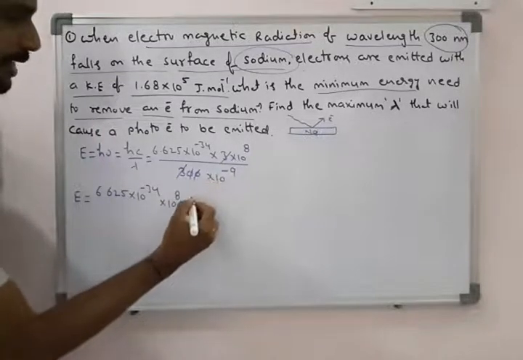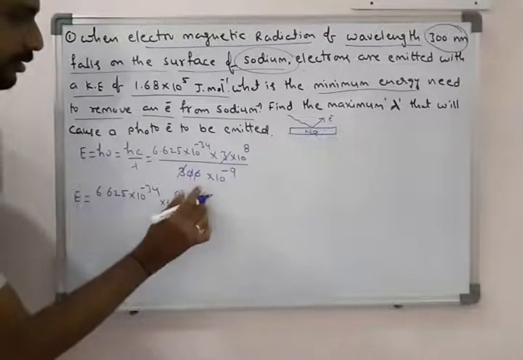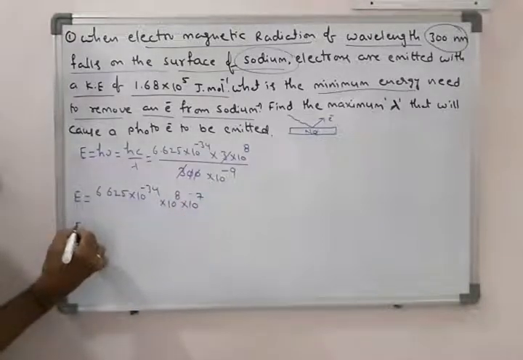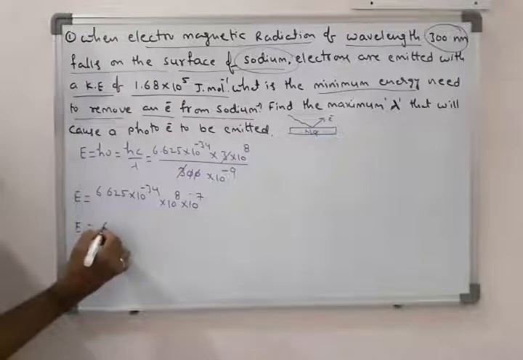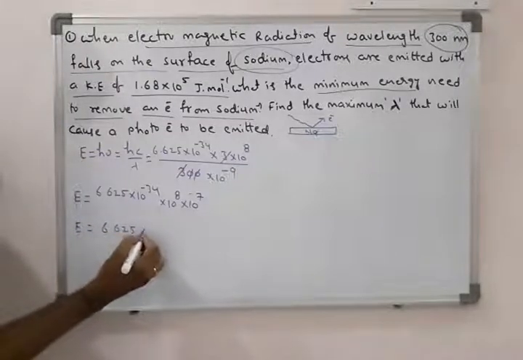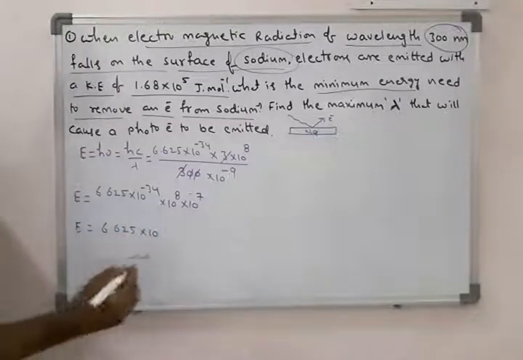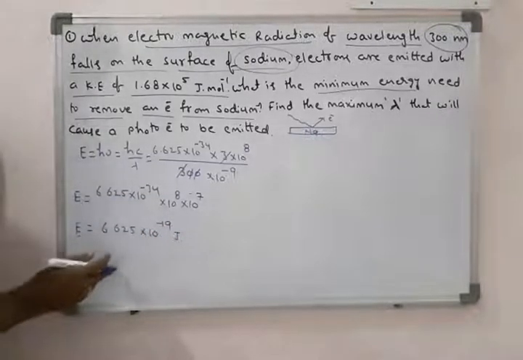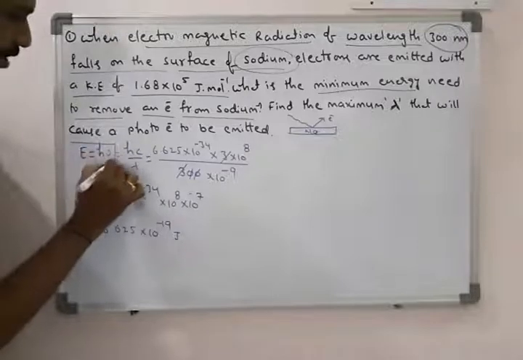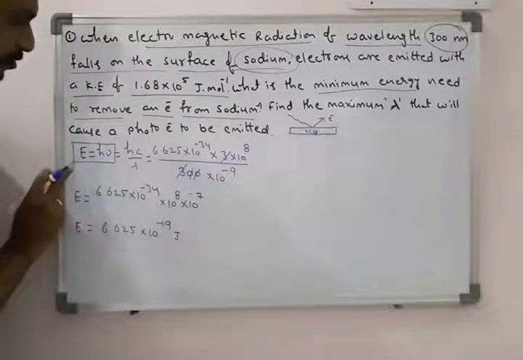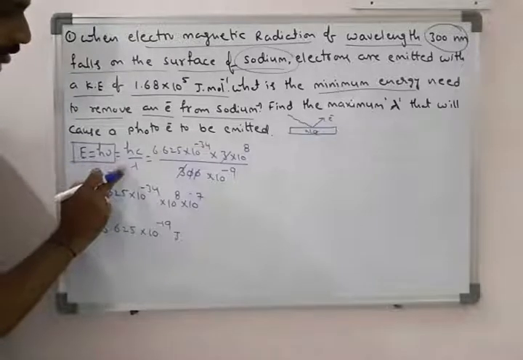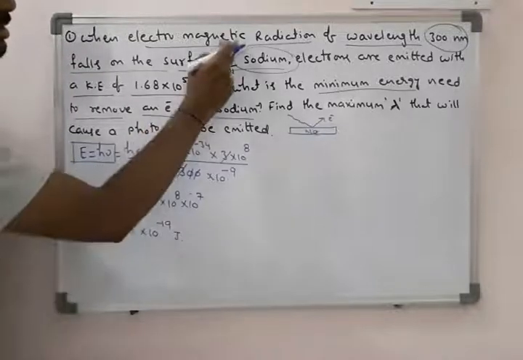These will cancel, and the energy becomes 6.625 into 10 to the power of minus 19 joules. We know the formula E equals h nu is always for one particle. So this is for one photon of this light.